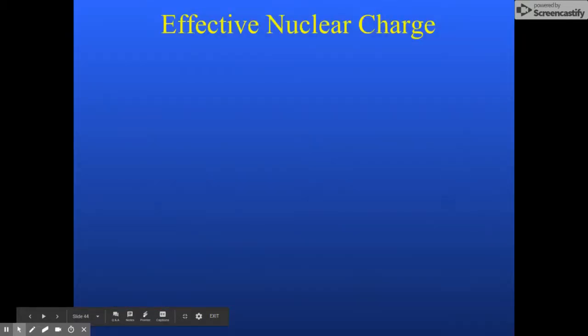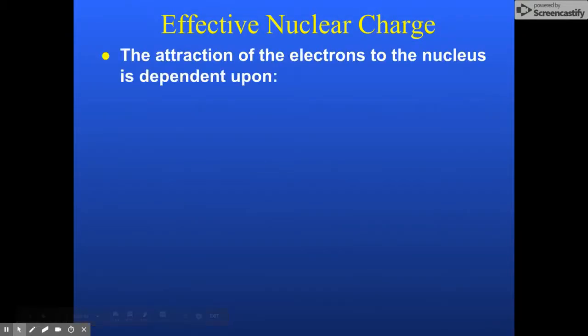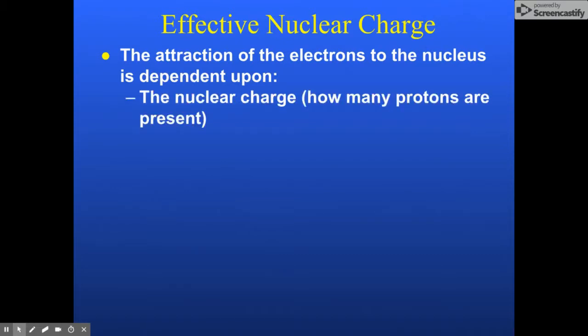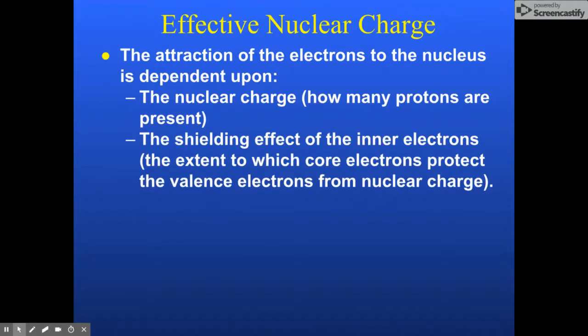All right. So effective nuclear charge. The attraction of the electrons to the nucleus is dependent upon the nuclear charge, how many protons are present, and the shielding effect of the inner electrons, those core electrons. This is the extent to which the core electrons protect the valence electrons from that positive nucleus.